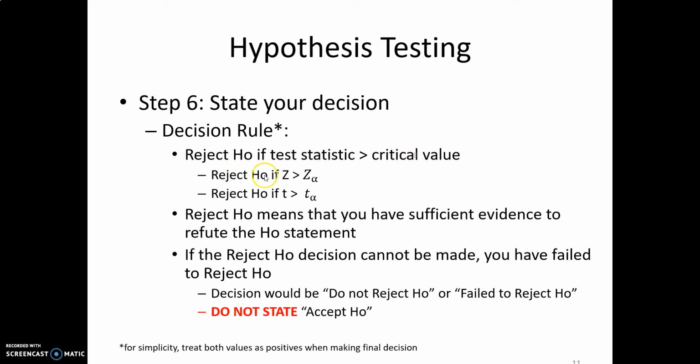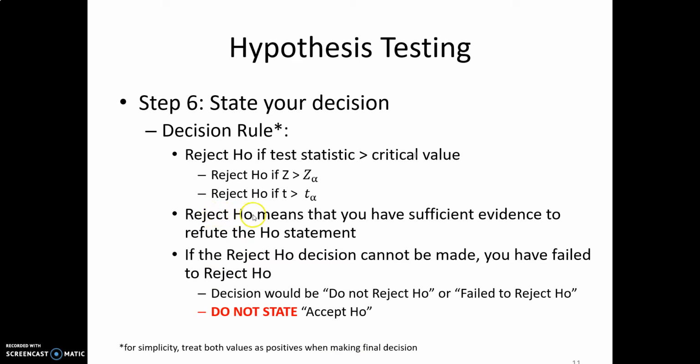So in this case, reject the null hypothesis if Z is greater than Z alpha, or if we're using t values, t is greater than t alpha. As we have a little star there, for simplicity, we treat both values as positives when making our final decision. We treat both Z values or t values as positive because it's always easier to compare positive numbers.